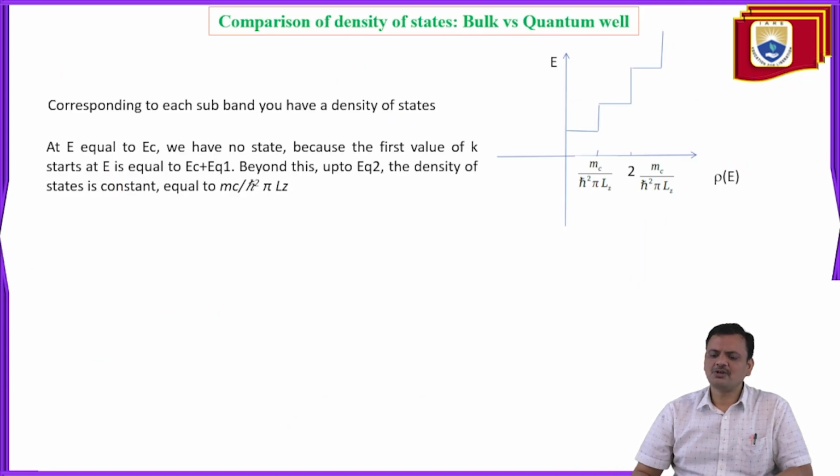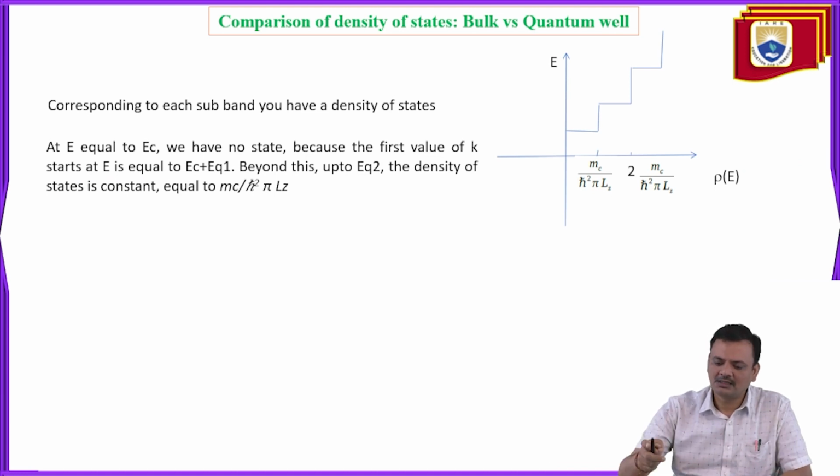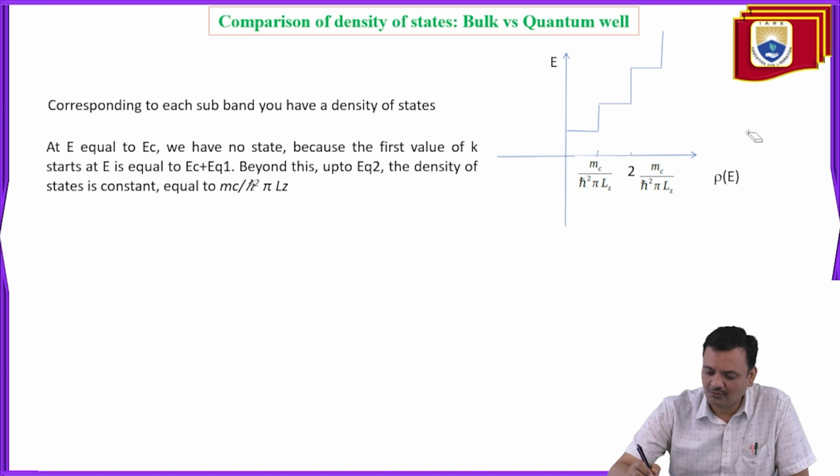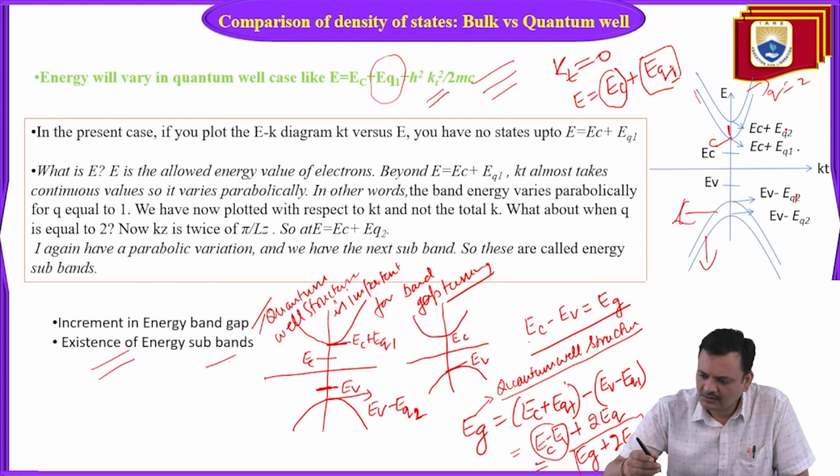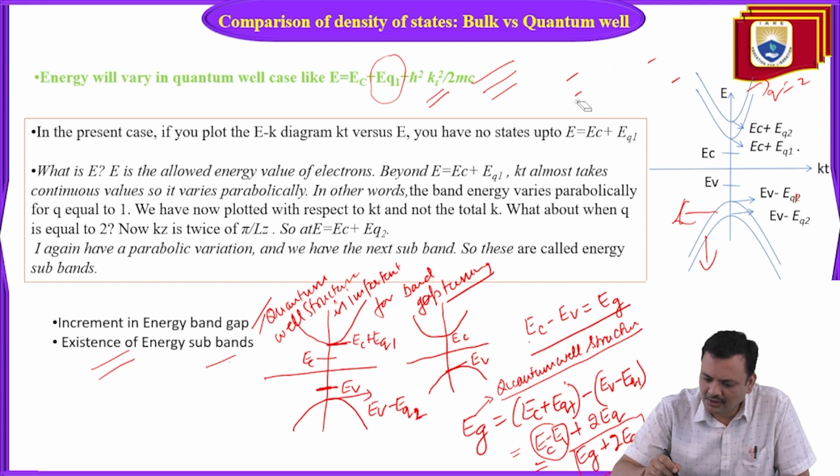So suppose we are going to plot the density of state, what will we get? This is for q is equal to 1. Suppose this is your energy band diagram for quantum well structure.